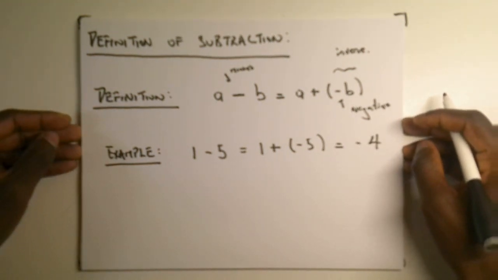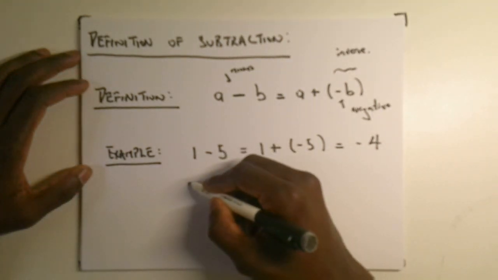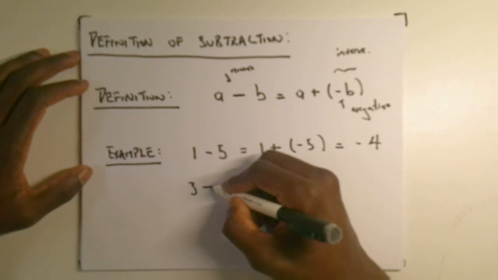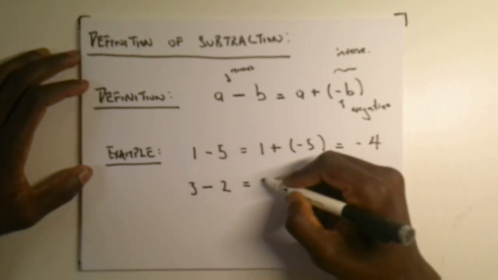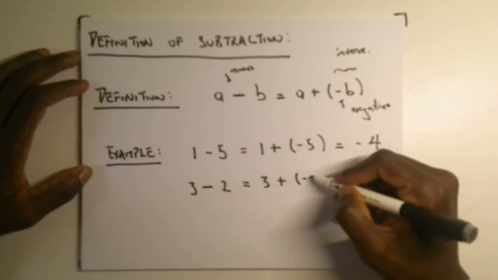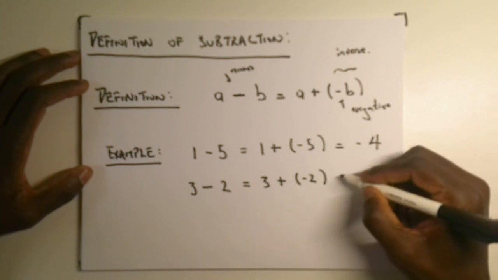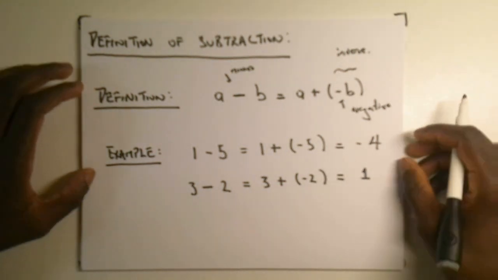Let's look at another example. Let's say I have 3 minus 2. Well, this will equal 3 plus negative 2, right? And this equals 1.